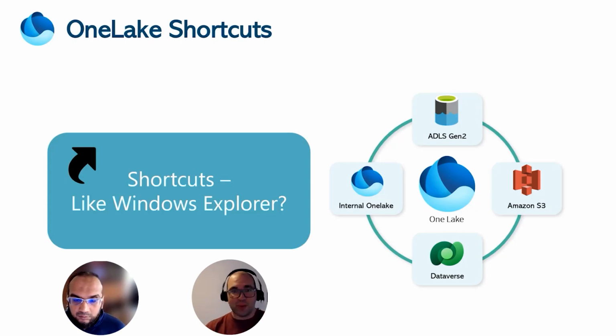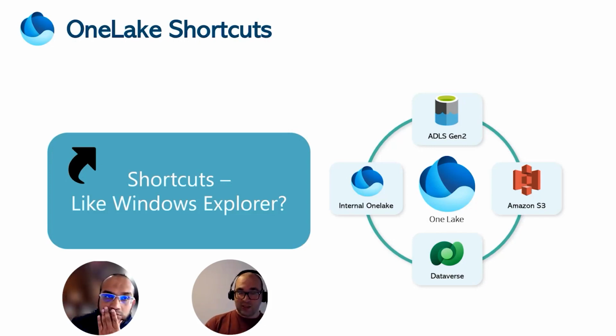You create a shortcut, put it on the desktop, you double click on it, and its content is available immediately to you. Shortcuts in Fabric work similarly. You create an object in Fabric which is called a shortcut. It's just a pointer to an internal or external location.